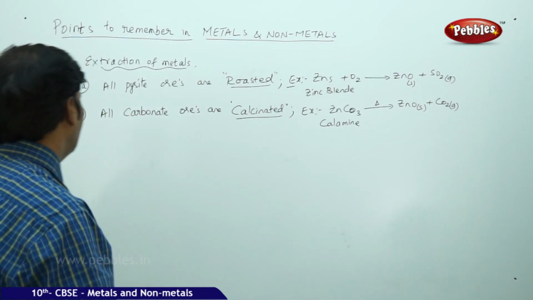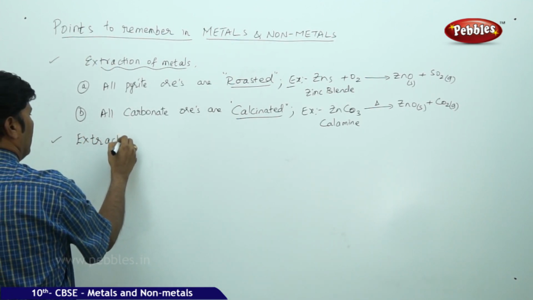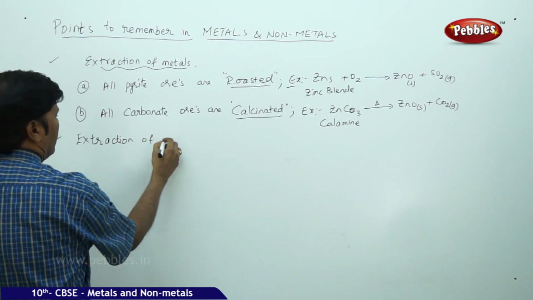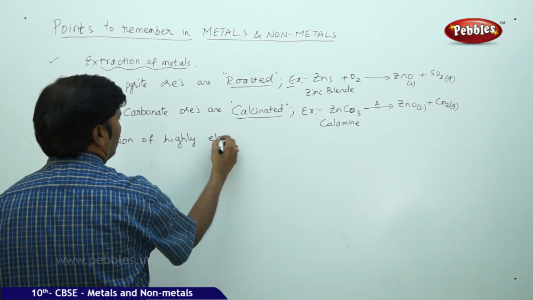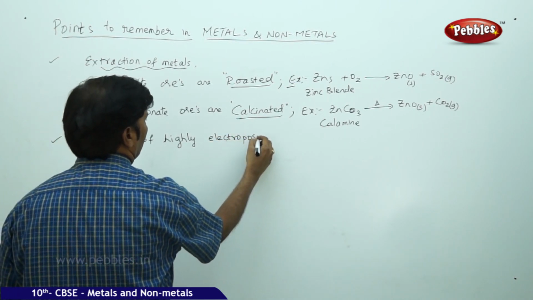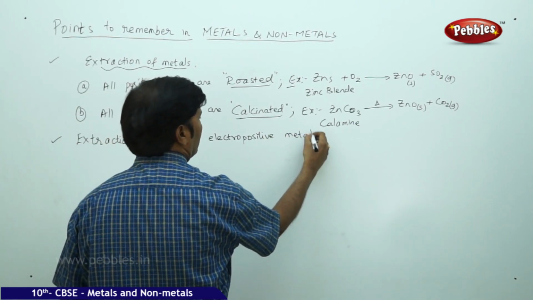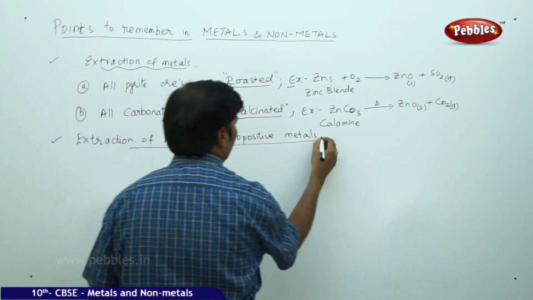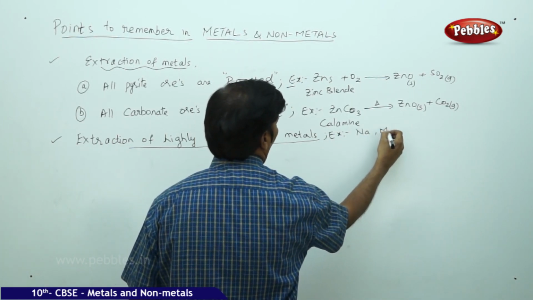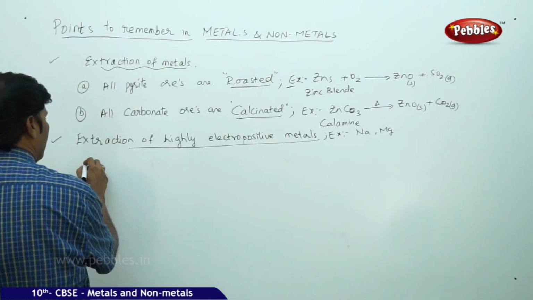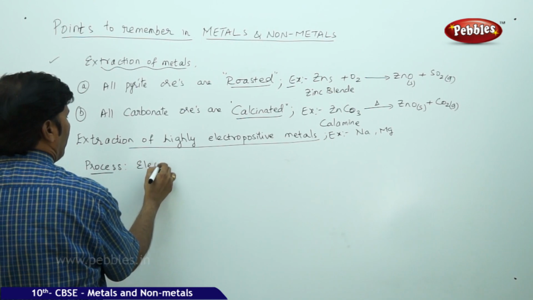So if you go to the extraction of highly electropositive metals, examples sodium, magnesium, the process is electrolysis.